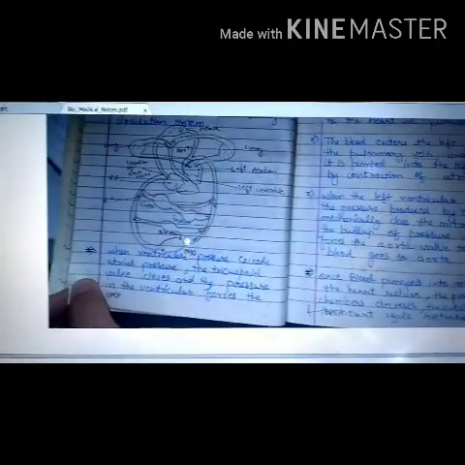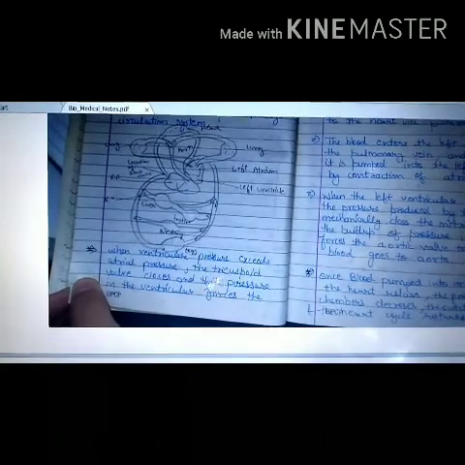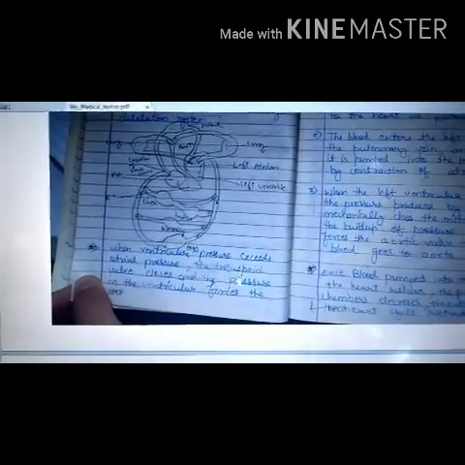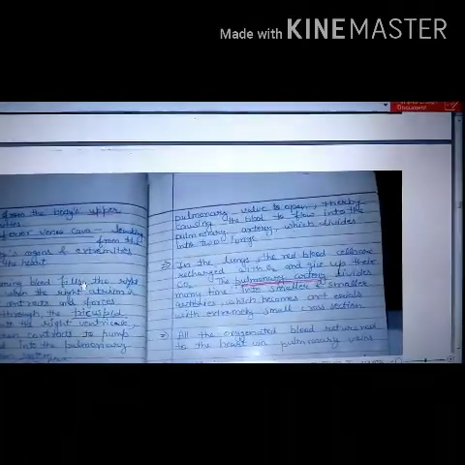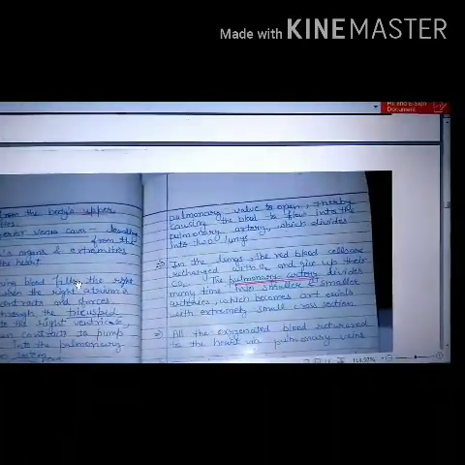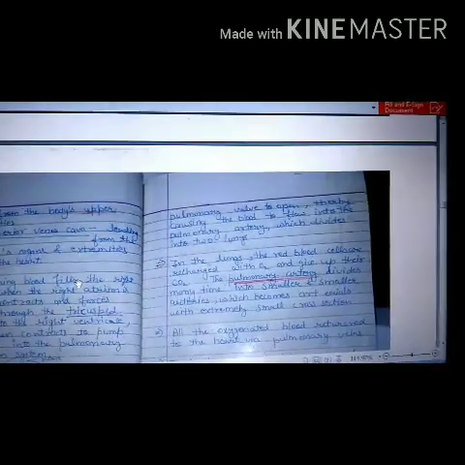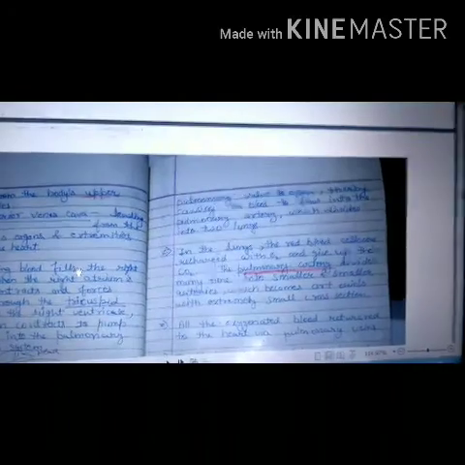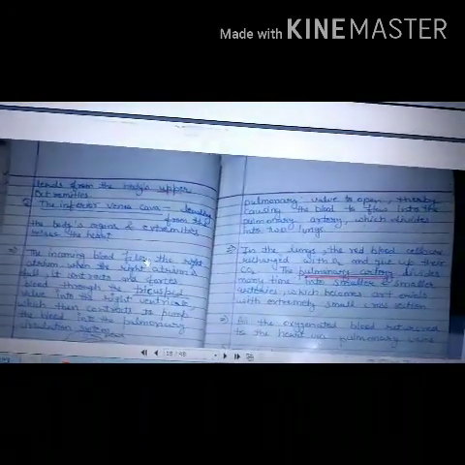Okay, so when ventricle pressure exceeds the arterial pressure, the tricuspid valve closes and the pressure in the ventricle forces the pulmonary valve to open, thereby causing the blood to flow into the pulmonary arteries, which divide into two lungs. So when the pressure in the ventricle increases, the tricuspid valve closes.